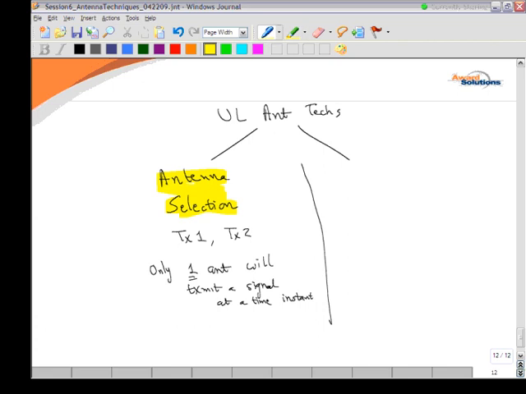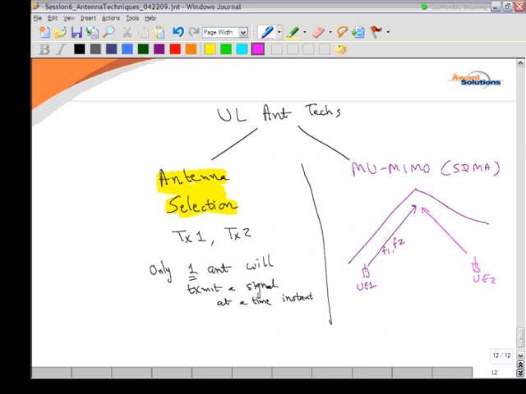And the other antenna technique we have is multi-user MIMO. We already discussed that for the downlink, and in the uplink it would be the same, right? We just briefly mentioned that one UE will be allocated, let's say, subcarriers F1, F2, and another UE has also been allocated the same subcarriers F1, F2, and we will separate them through the SDMA beam.